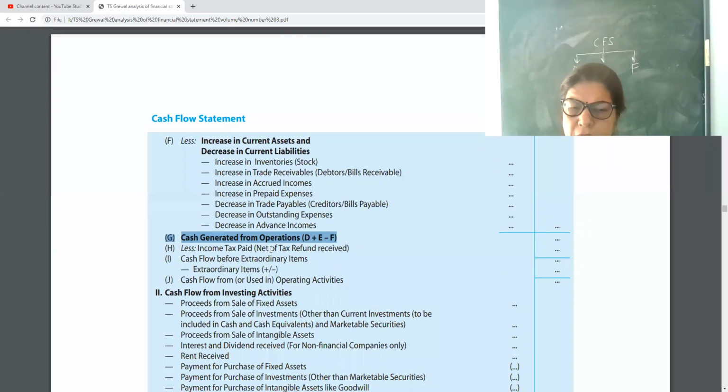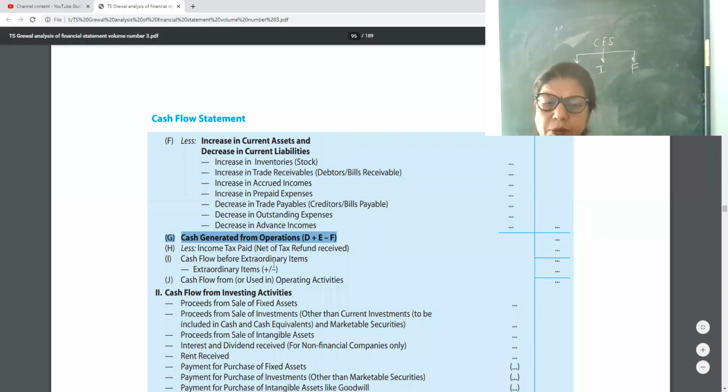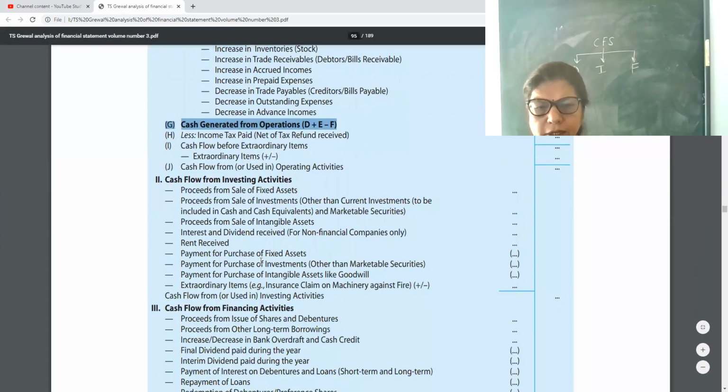And when we pay income tax, then we will get cash flow from operating activity. If that is negative, we can write cash used in operating activity for that final amount. This I explained in the previous video also, yesterday.